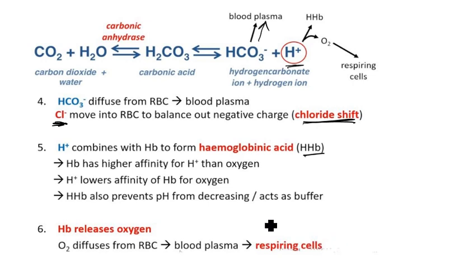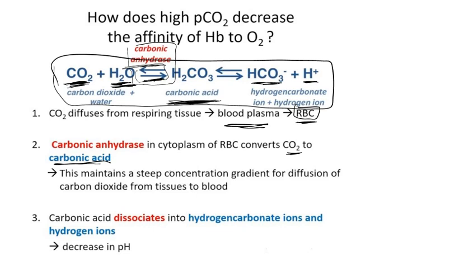So again, let me run through it again. The first thing that happens is that CO2 diffuses from respiratory tissue into the blood plasma. Then from the blood plasma, it goes into the RBC. When it gets into the RBC, it reacts with water to form carbonic acid.